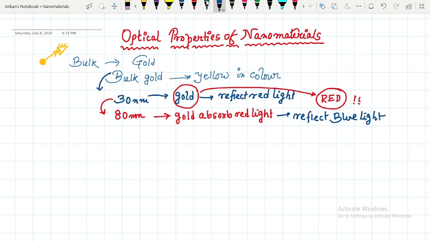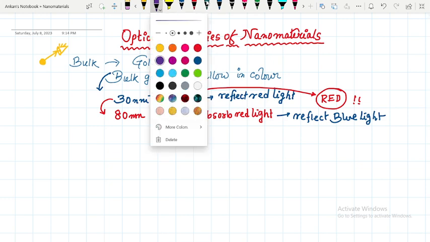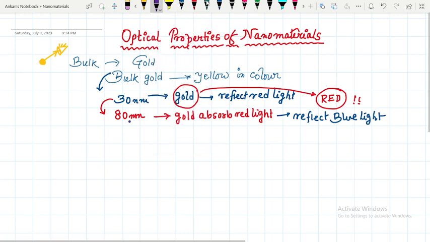So it absorbs red light but reflects blue light, and the object will look violet or purple in color.